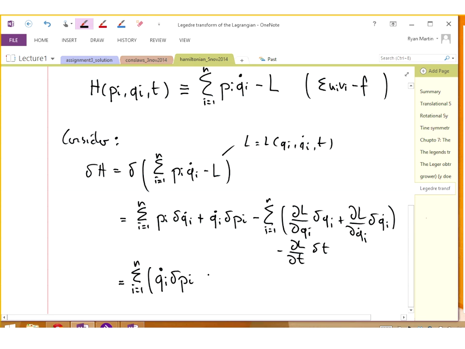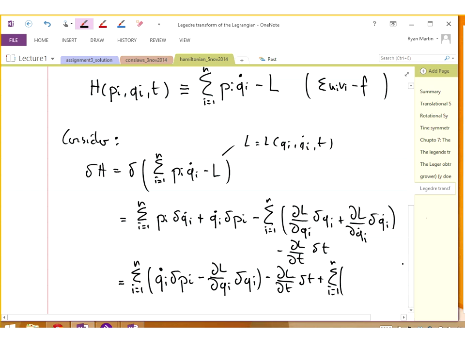So here we have q_i dot delta p_i minus ∂L/∂q_i delta q_i minus ∂L/∂t delta t, and then plus the sum from i equals 1 to n, factoring the term with delta q_i dot.